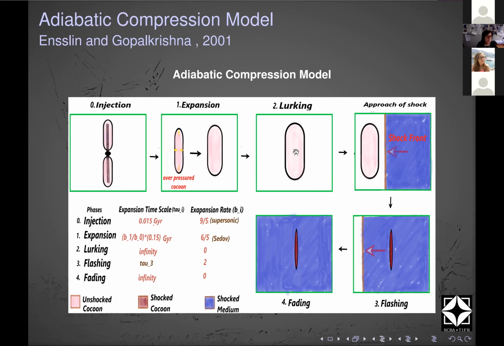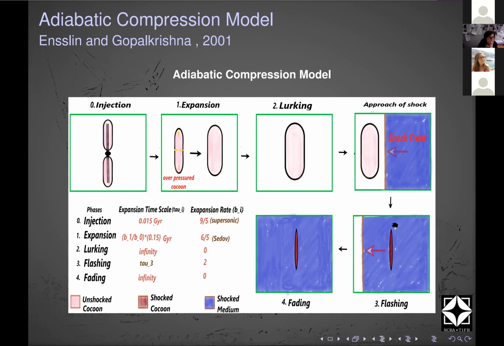By the time the equilibrium is reached, if enough time has passed, the lobe may not stay radio visible anymore. This phase is called the lurking phase. When this lurking radio population gets dragged into a shock, either from merger activity or accretion from filaments of the cosmic web, the lobe gets shocked by the outside pressure jump.